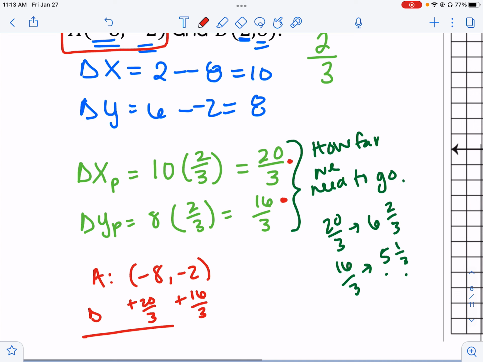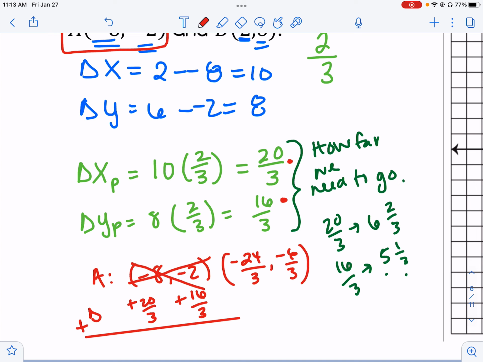And I need to actually just add these together to get the value of that point. Now, whether or not you have access to a calculator might affect how you do this. I don't have one with me right now, so I'm going to go ahead. I know in order to add a fraction, I need that common denominator. So I'm going to rewrite -8 as -24/3, and -2 as -6/3.